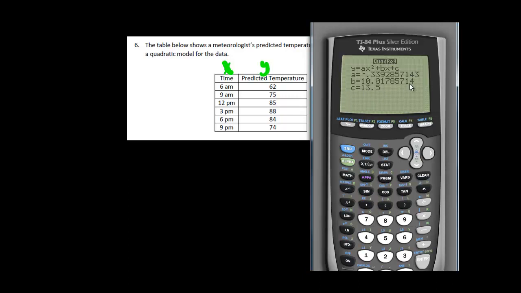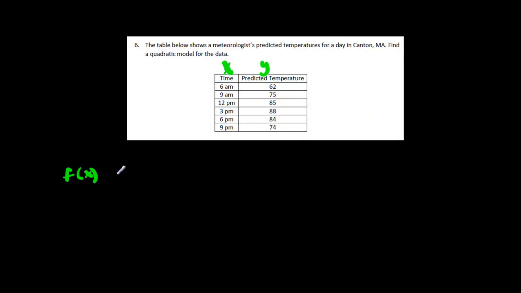So we can round to the nearest hundredth or the nearest tenth, whichever you want, and write out the function. So it's going to be f of x equals negative 0.34x squared plus 10.02x plus 13.5. That's the quadratic for the time and temperature.